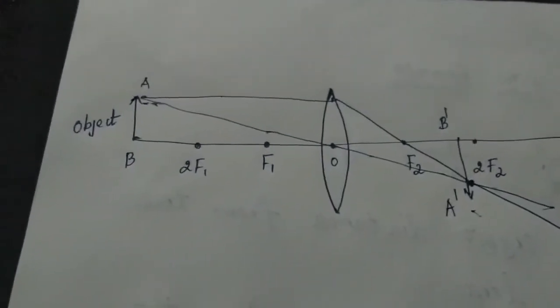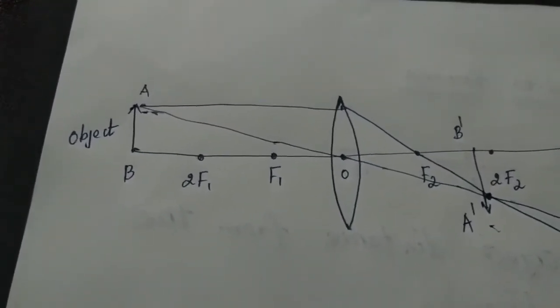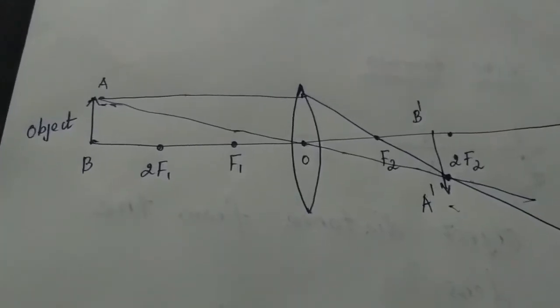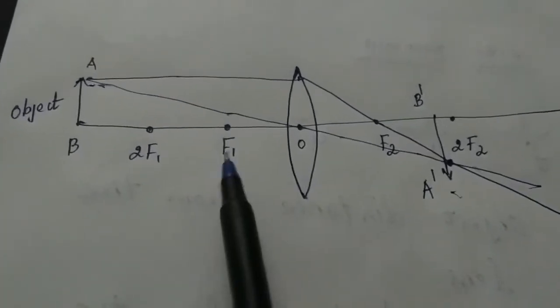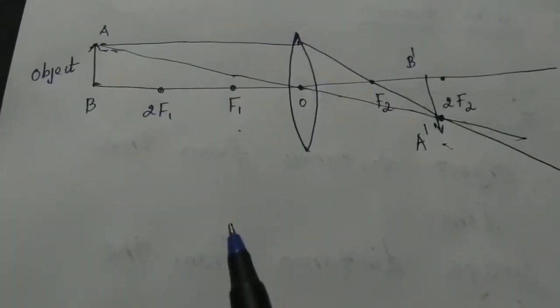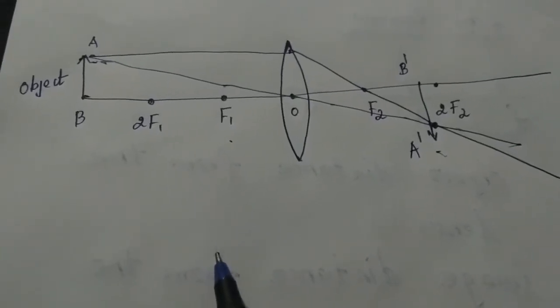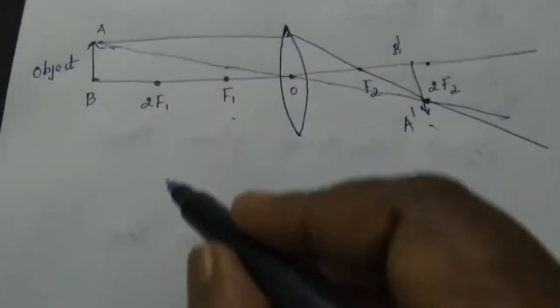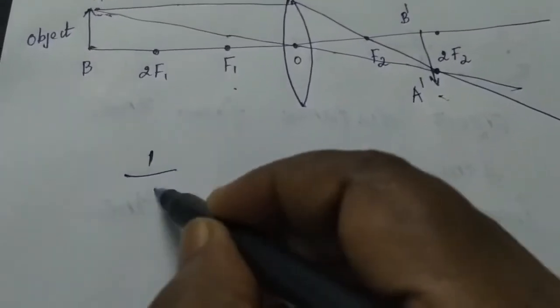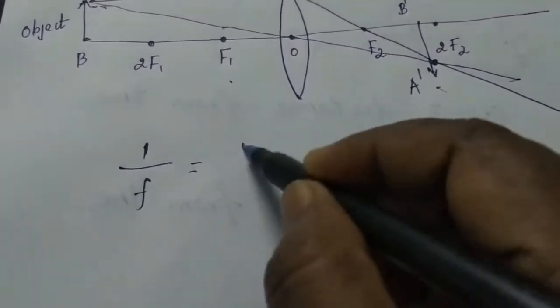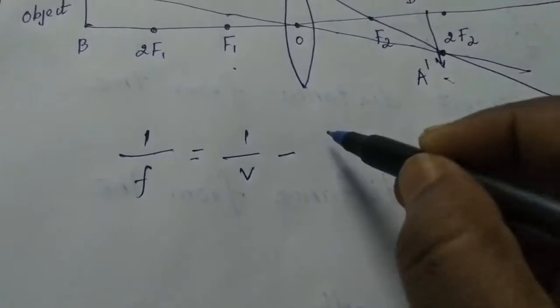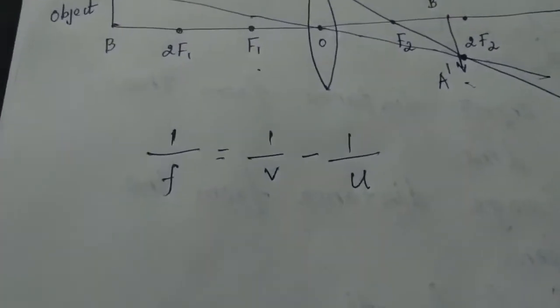Students, now here it is the distance between. We are going to first find the f, because the formula is given as 1 by f equal to 1 by v minus 1 by u.